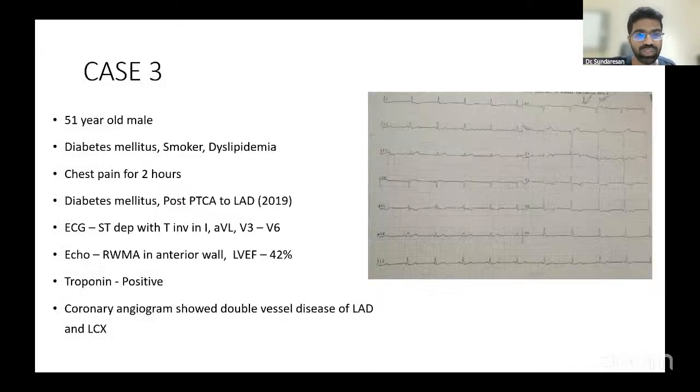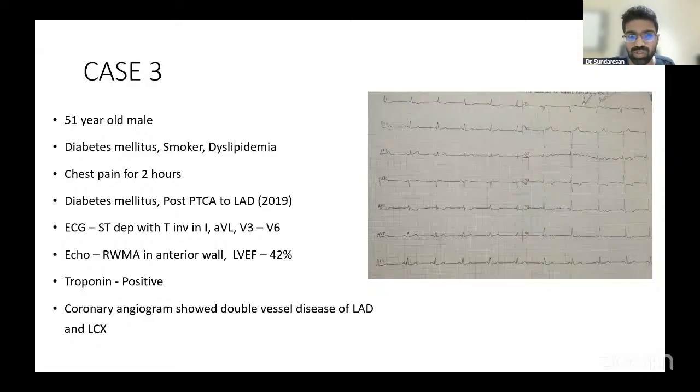And next, moving on to a third case, which is a 51-year-old male who is a diabetic, smoker, and dyslipidemic, who presented with chest pain for 2 hours. Patient is an old case of chronic stable angina who already had a stent to LAD in 2019. Now ECG showed significant ischemic changes with regional wall motion abnormality on echocardiography with an LV function of 42%.